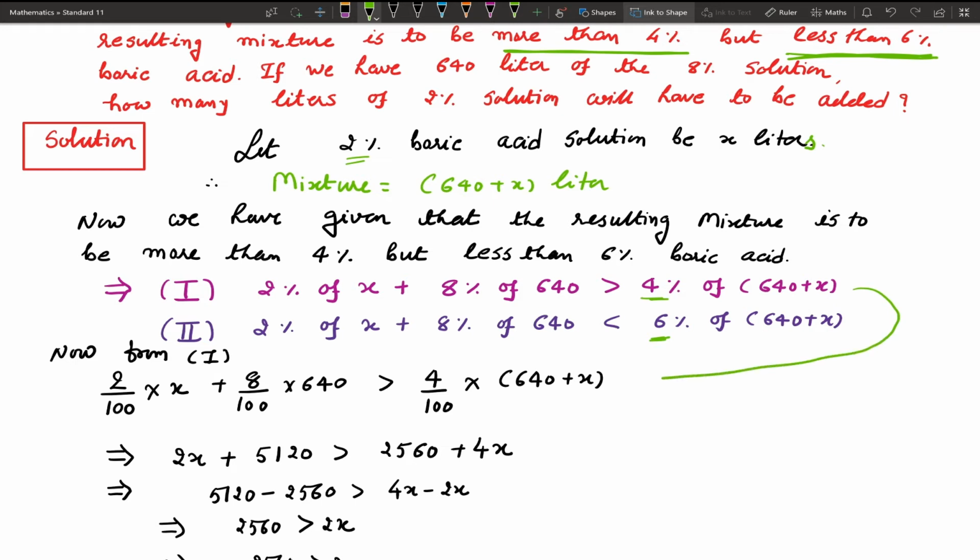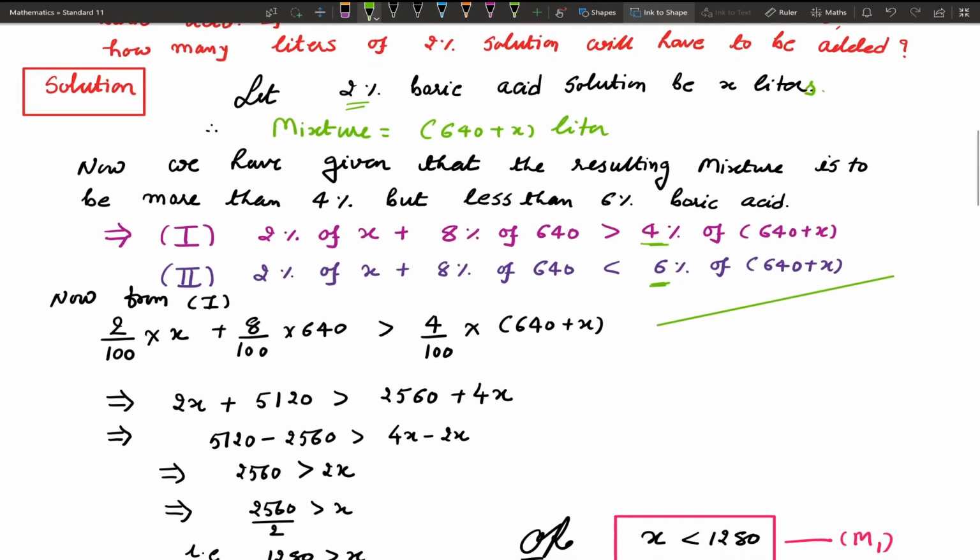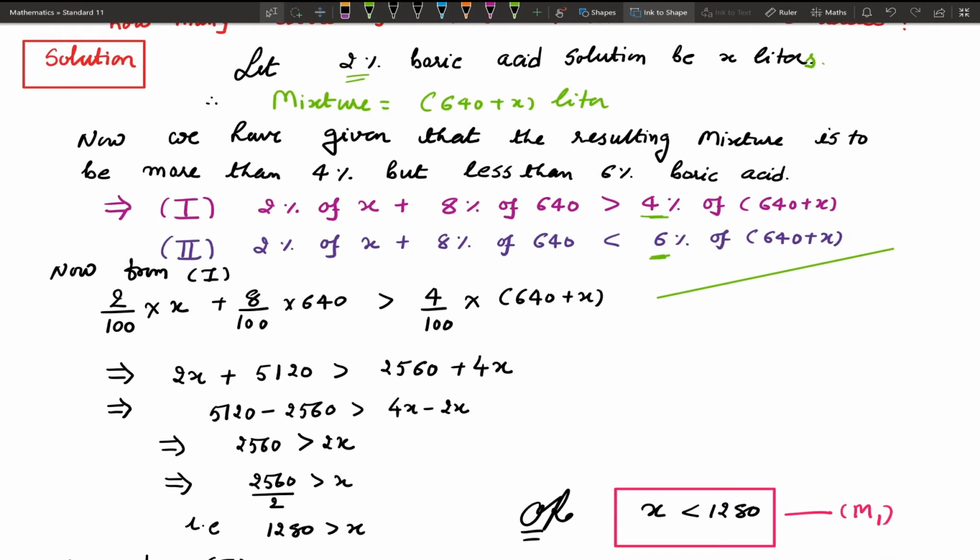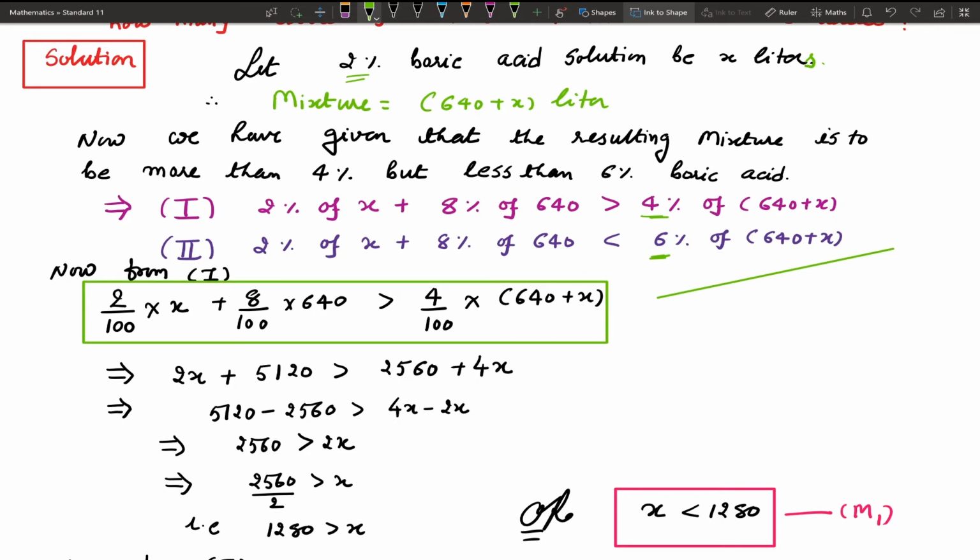So this will give this inequality. So 2% as usual, 2 by 100 into x plus 8 by 100 into 640 which is greater than 4 upon 100 into total mixture 640 plus x. Now solve this inequality for x. First multiply it throughout by 100.